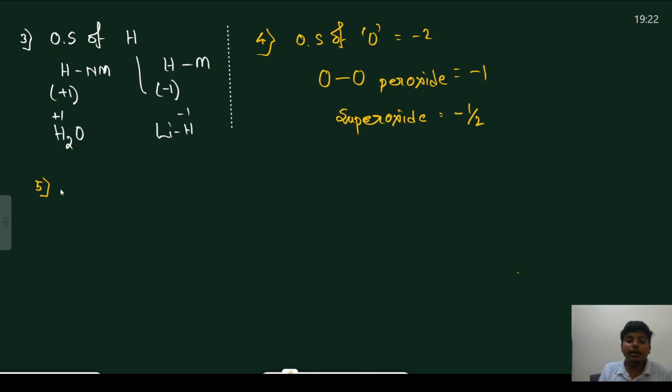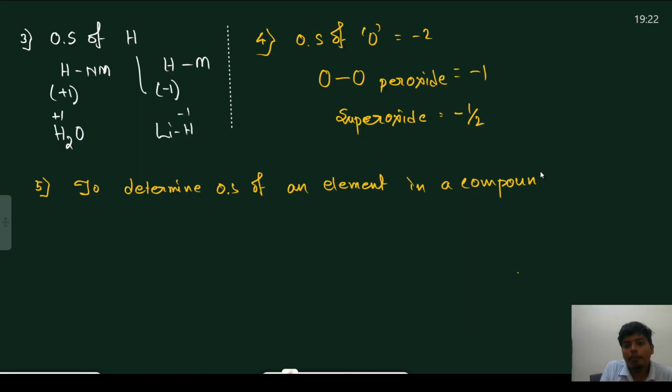But for an unknown element you want to check, to determine the oxidation state of an element in a compound, you have to make a linear equation. Now, what is a linear equation?